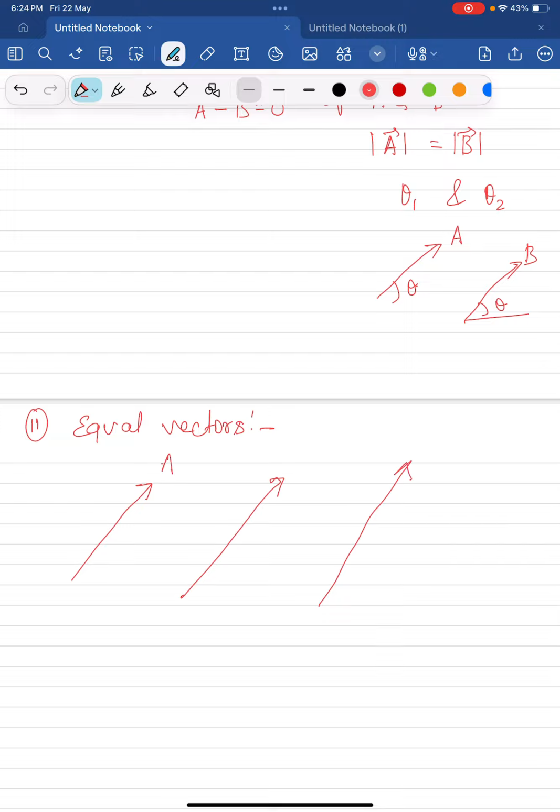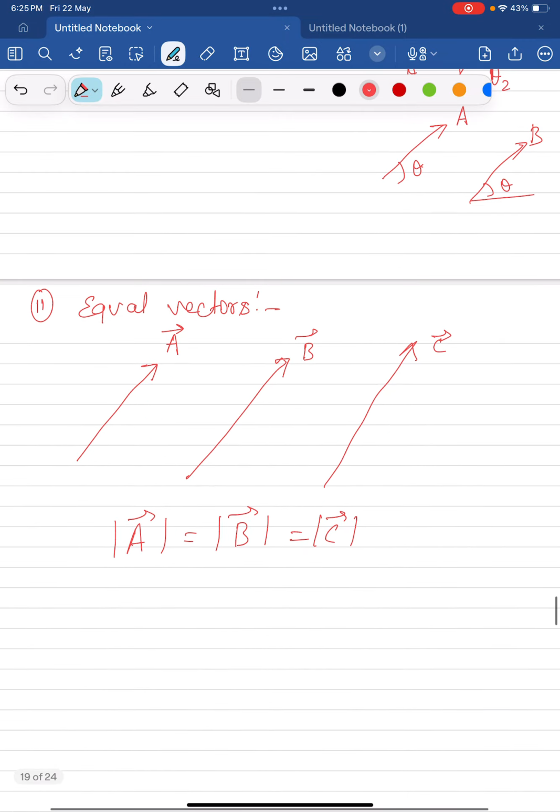Suppose there are three vectors, vector A, vector B and vector C, and the magnitude of all the vectors is the same and the direction of all the vectors is the same, then these vectors are said to be equal vectors.